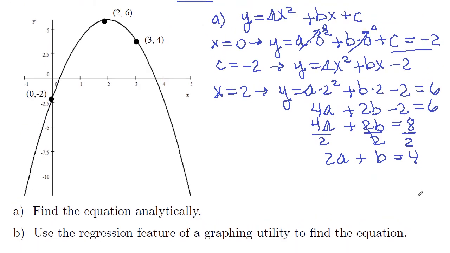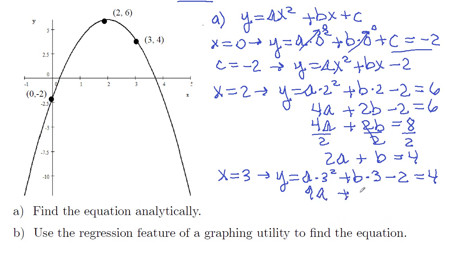And then plug in (3, 4). If x is equal to 3, then y equals a times 3 squared plus b times 3 minus 2. I'm just plugging in x equals 3, and then I set that equal to 4. So let's simplify this. 3 squared is 9a plus 3b minus 2 equals 4.